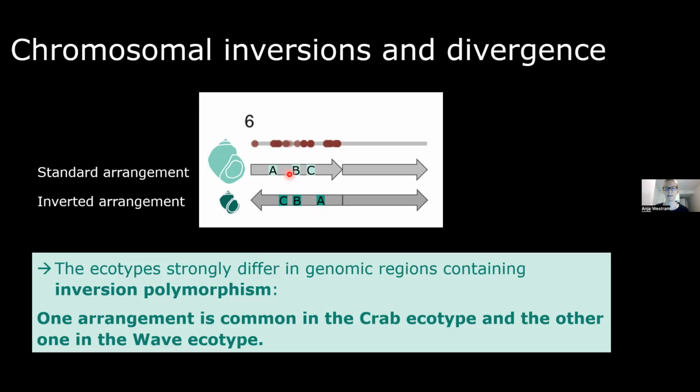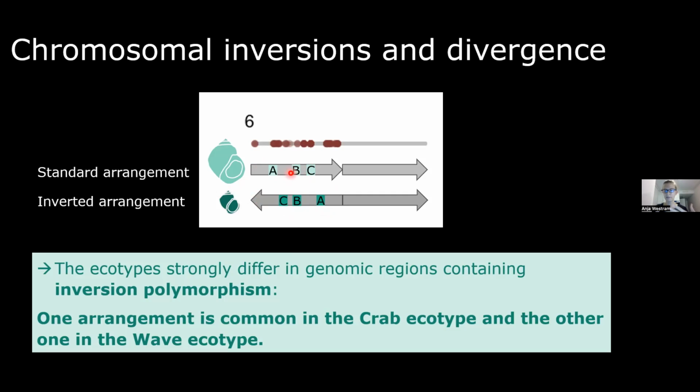So this means that differences between these regions can just freely accumulate and will not be homogenized by recombination and gene flow. So this arrangement will get more and more different from this one at many different SNP positions within that region of the genome.